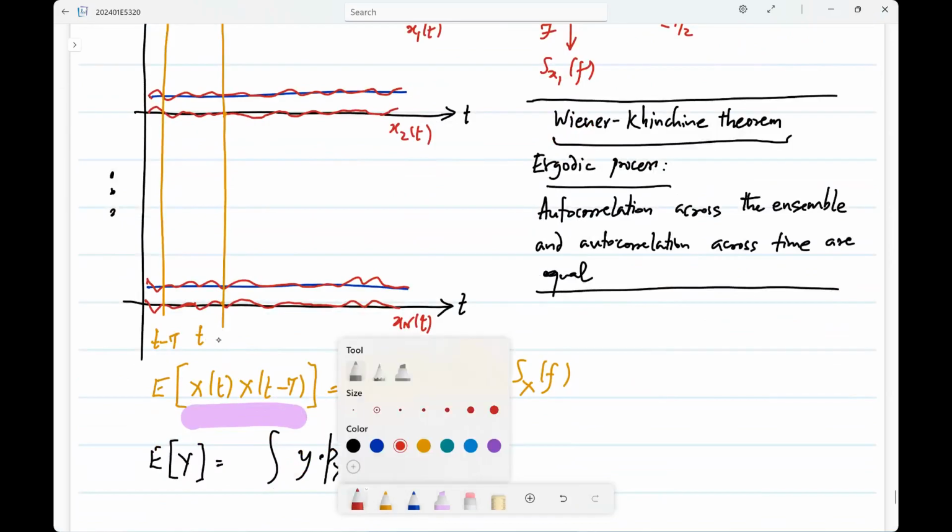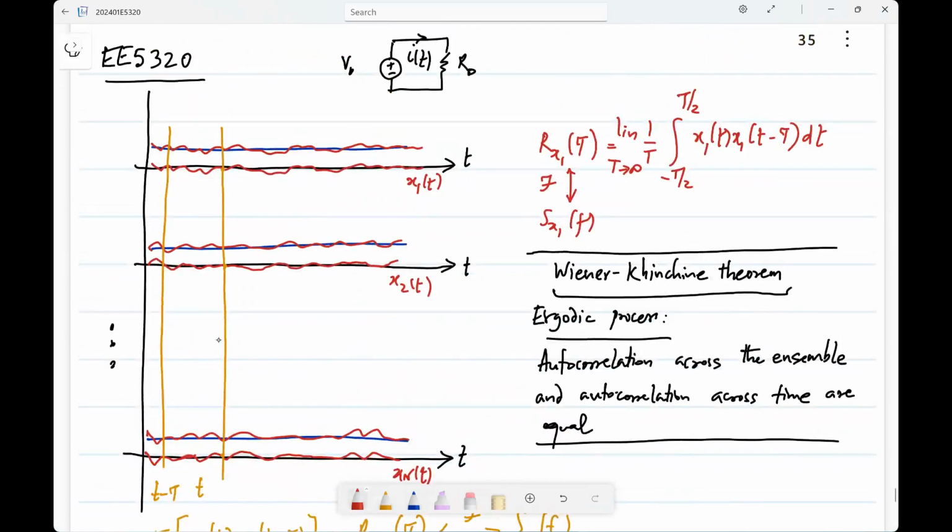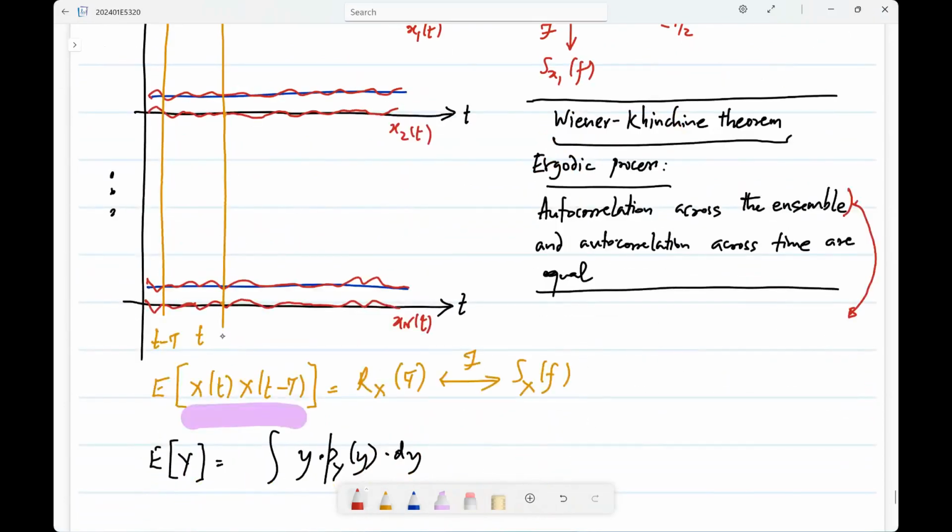So it is basically when you take the autocorrelation across this ensemble, from this function you can get the variance, right? Variance is Rx of 0, which is of course the integral of the spectral density over all frequencies.